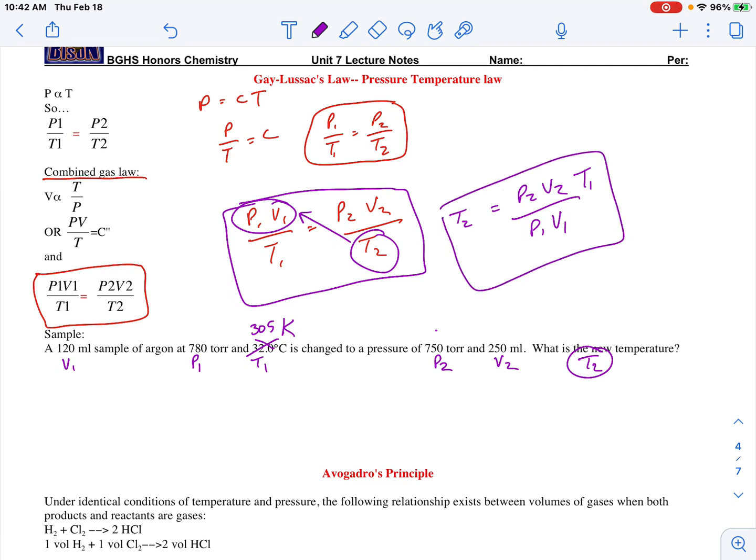So I was able to quickly manipulate that law because I knew what the outcome would be. I knew that the T2 and the P1 V1 by cross multiplying would eventually just switch places.